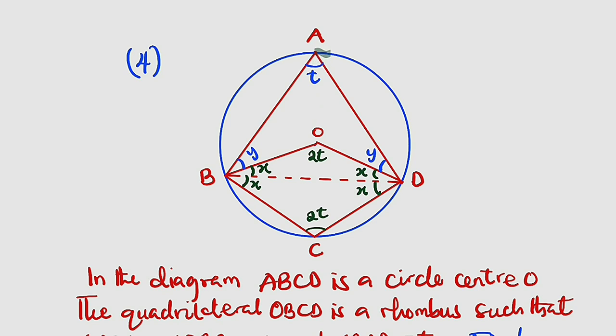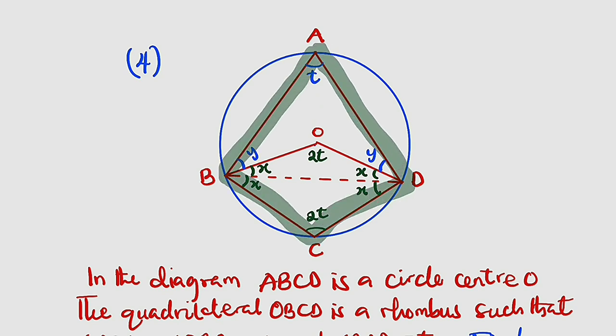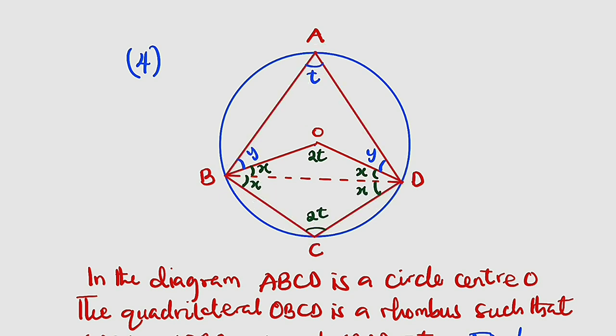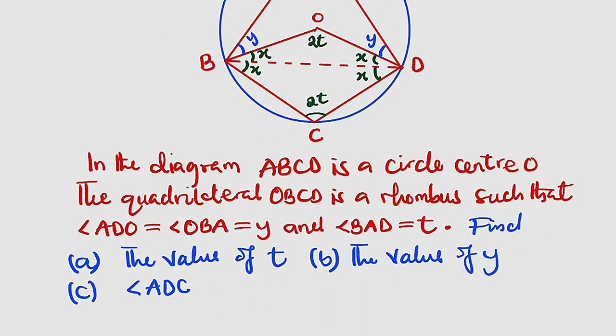Just observe that this is a cyclic quadrilateral because all the vertices are touching the circumference. And if you have a cyclic quadrilateral, the opposite angles are always supplementary, meaning if you add them together, you're going to get 180 degrees, which implies by adding T and 2T together, we are going to get 180 degrees.